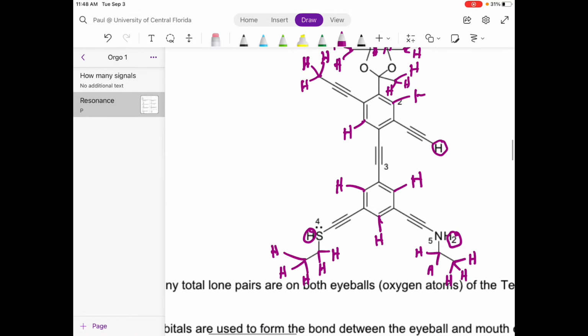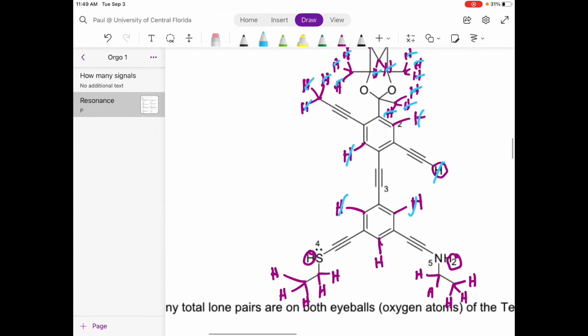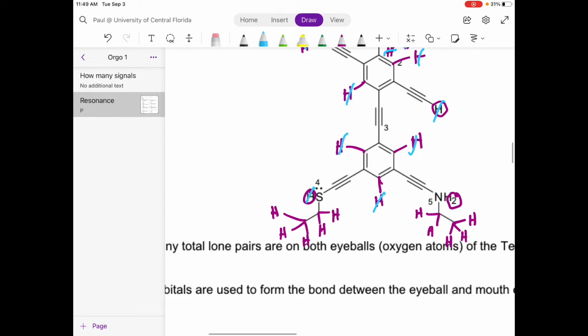So there they are. Now if we just add them all up here, I'll just mark them off as I go. 1, 2, 3, 4, 5, 6, 7, 8, 9, 10, 11, 12, 13, 14, 15, 16, 17, 18, 19, 20, 21, 22, 23, 24, 25, 26, 27, 28, 29, 30, 31, 32, 33, 34, 35, 36, and 37.